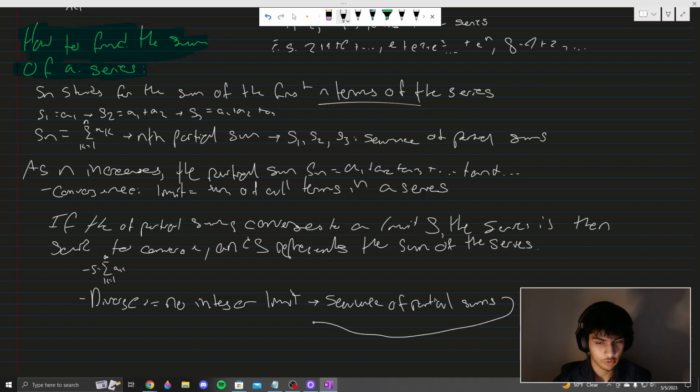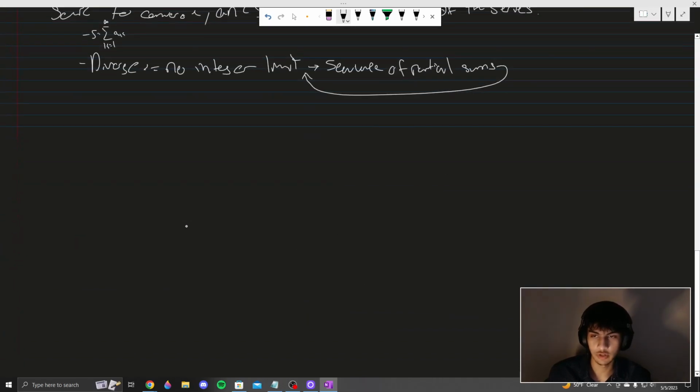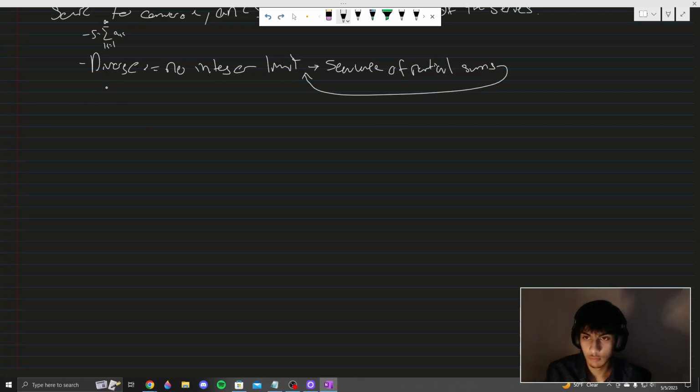So if I can draw a little arrow back here. Wow, that's horrible. It is a real struggle on Microsoft OneNote. I would just like to say that right now. Okay. If the sequence of partial sums has no limit, then it diverges. Okay. And that means it has no sum. Wow, how simple, right?